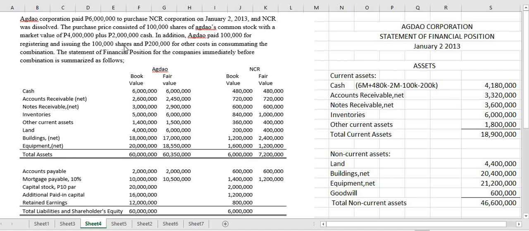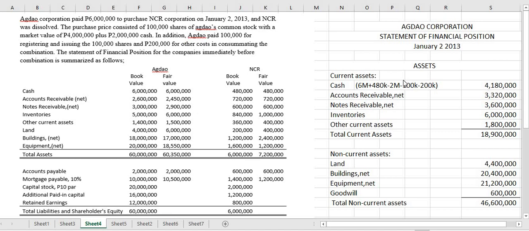And also, it incurred 300,000 of acquisition related cost: 100,000 for stock transaction cost, and 200,000 as direct cost. So that's 6 million plus 480,000 minus 2 million less 300,000.